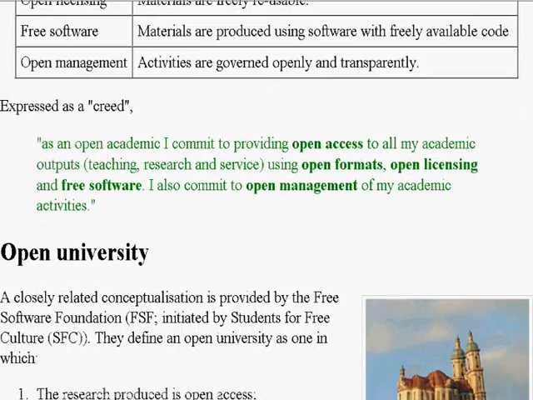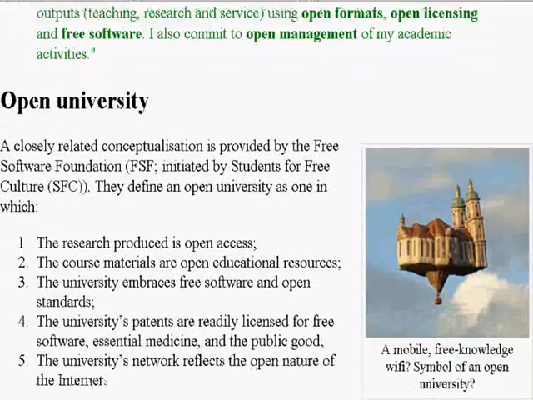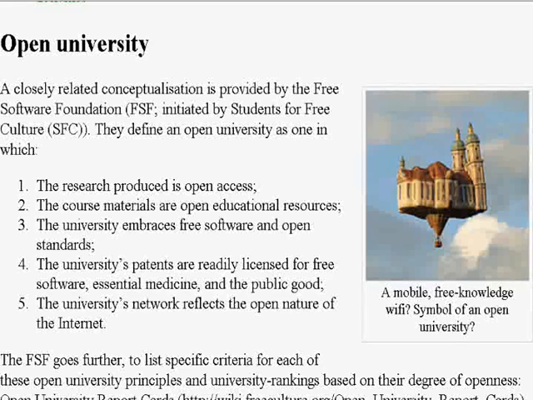Now, steps have been made towards this kind of university culture. For example, the Free Software Foundation has some very useful information, which is not unlike in its principles the 5 pillars I've proposed. The research produced as open access, course materials are open educational resources, university embraces free software and open standards, university's patents are readily licensed for free software, essential medicine and the public good, the university's network reflects the open nature of the internet.